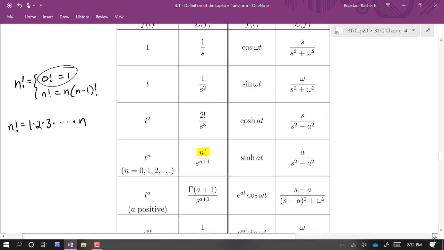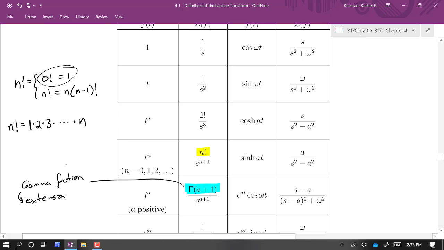The other new piece here is this, which we probably won't need, but this is called the gamma function. It's an extension of the factorial over the reals.